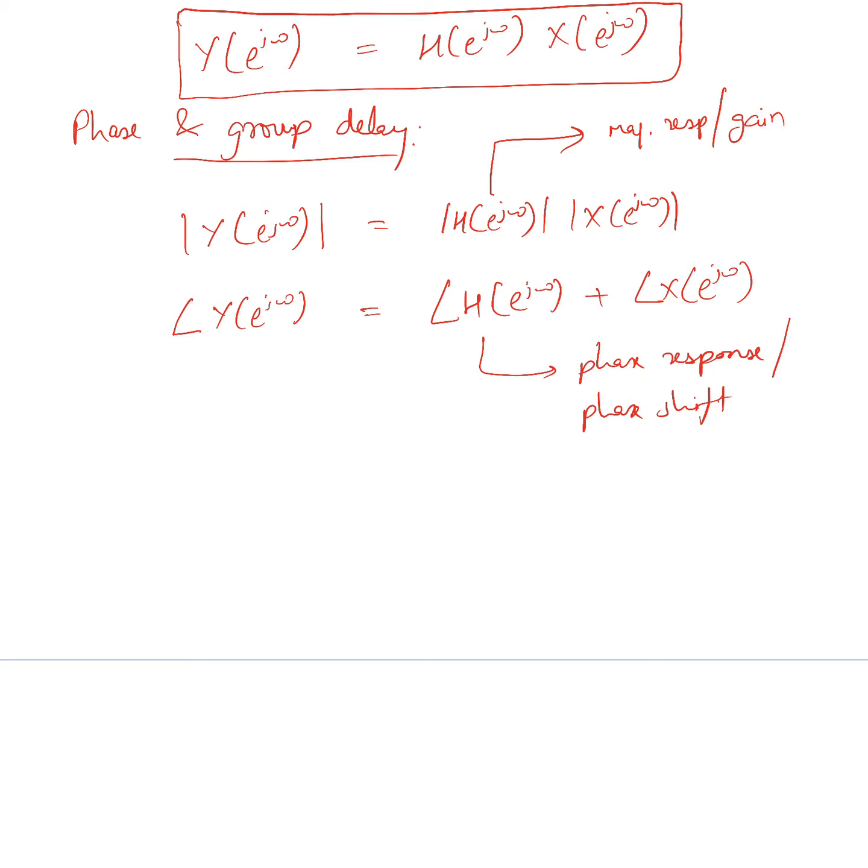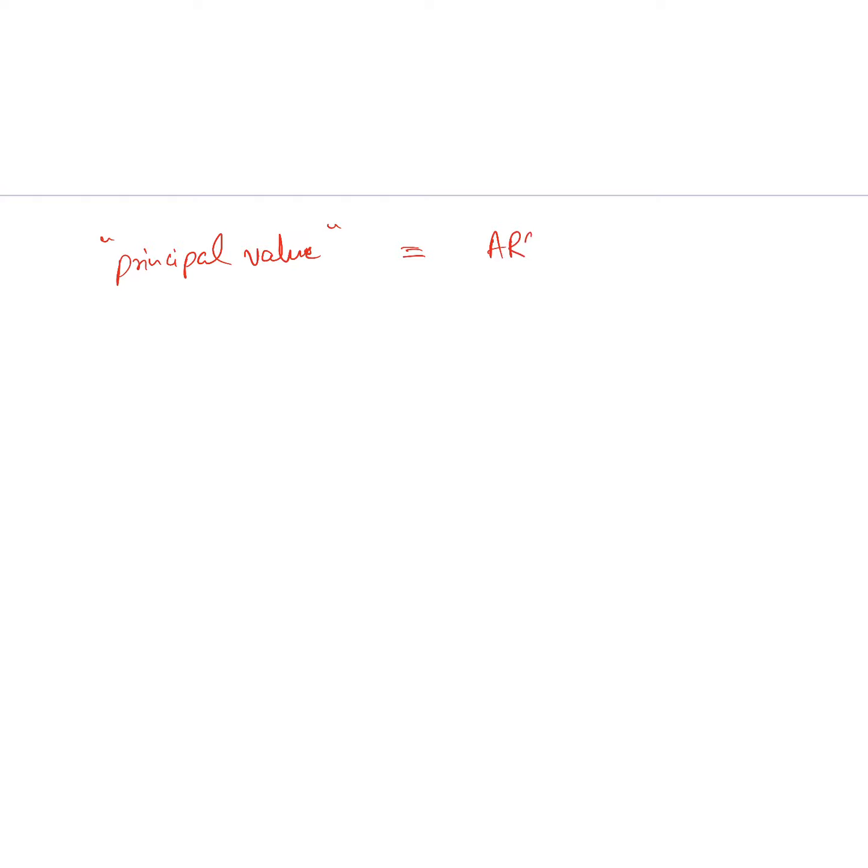Generally, when you use software platforms, for example MATLAB or Python or LabVIEW, when the phase is numerically computed with the use of an arc tangent subroutine, you basically obtain the principal value. So let's denote that principal value by this function.